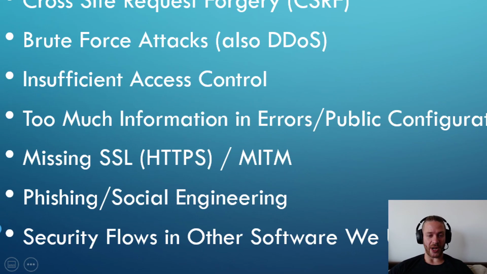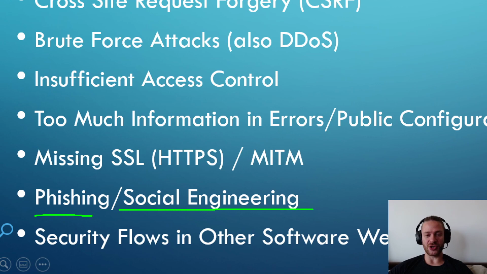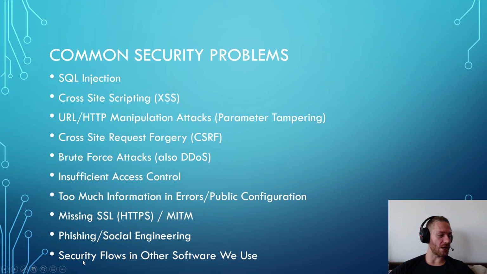Phishing and social engineering. Phishing and social engineering are attacks which are more like knowing your victim, more like I'm familiar with the victim. I know, for example, her cat's name, and I may try to guess the password by knowing her cat's name, or try an easy password, a not very strong password.